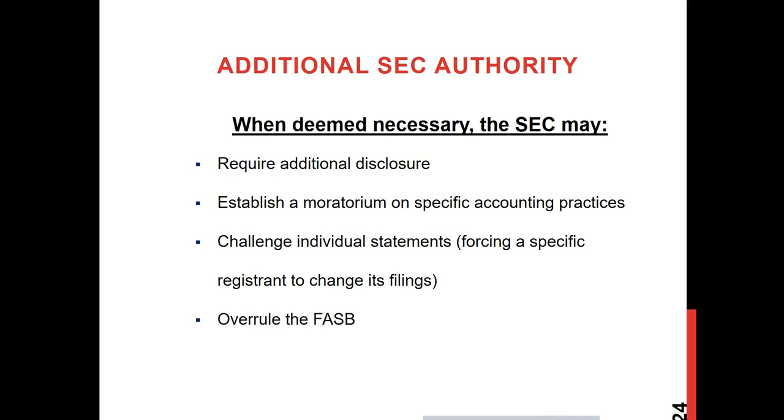It can challenge any company at any time for any individual statements, and of course, what I discussed before, that the SEC can overrule the FASB, or the SEC can override GAAP.